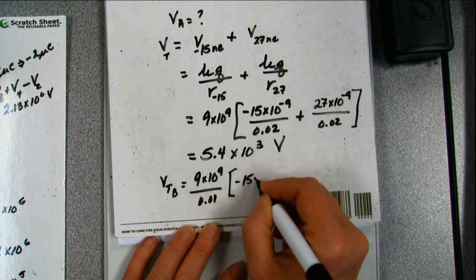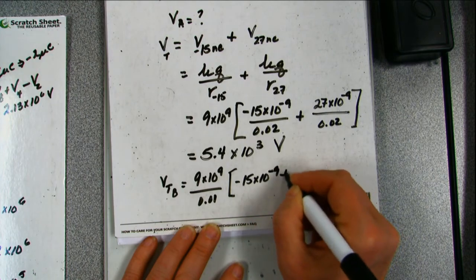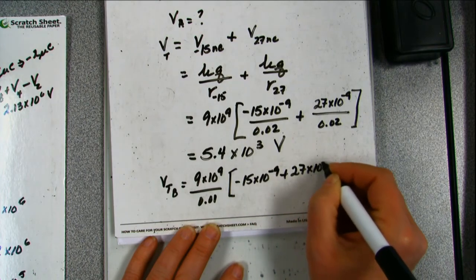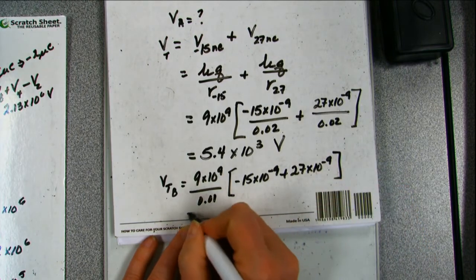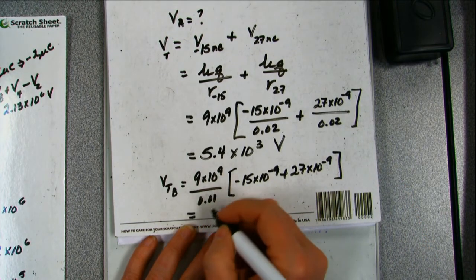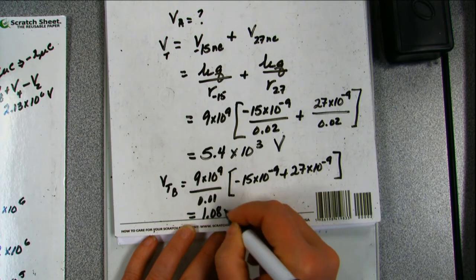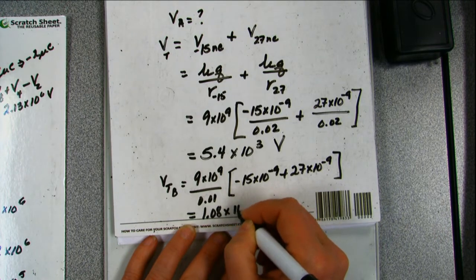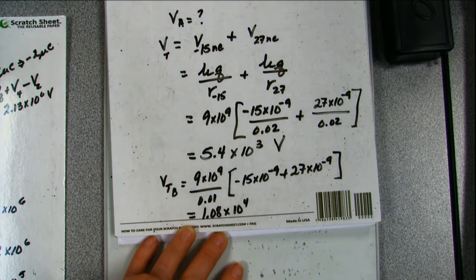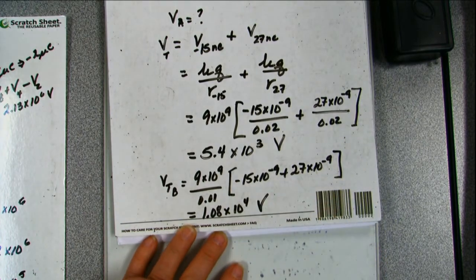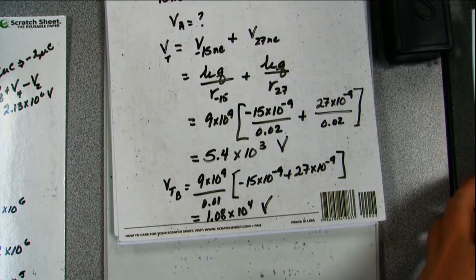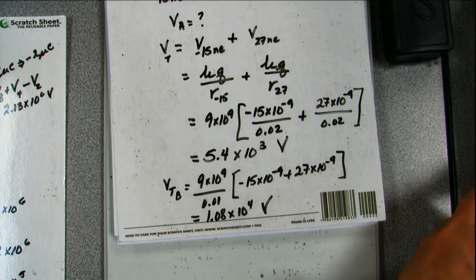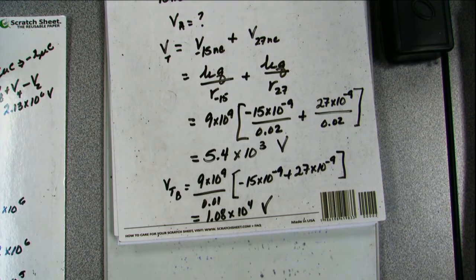Negative 15 times 10 to the minus 9 plus 27 times 10 to the minus 9. That number gives me 1.08 times 10 to the 4th volts. Making sense? Until you do one?